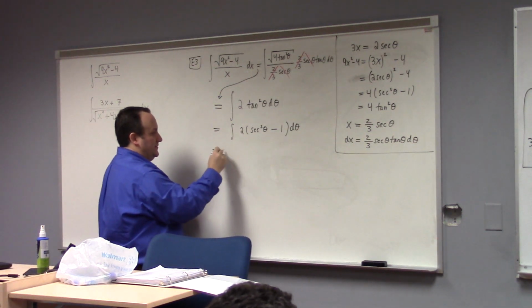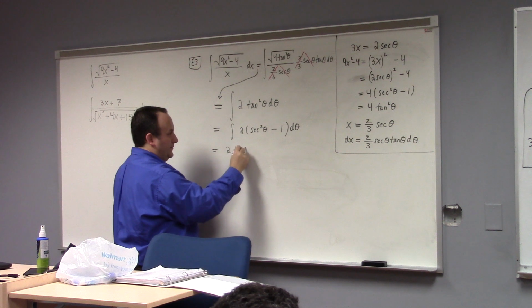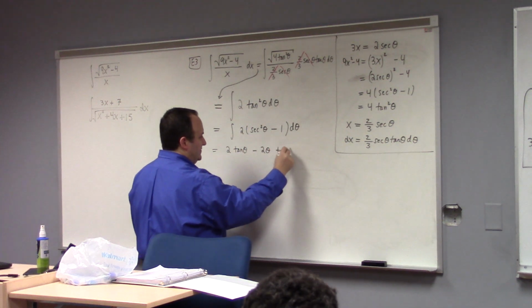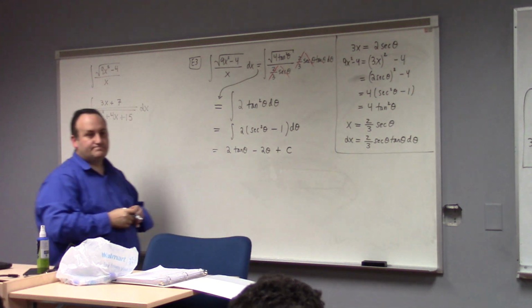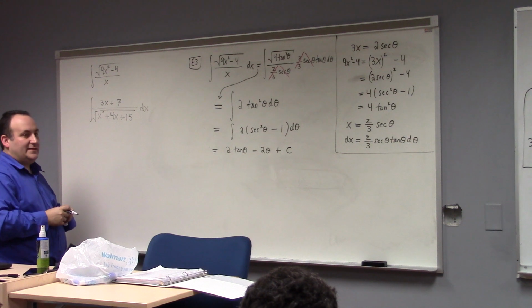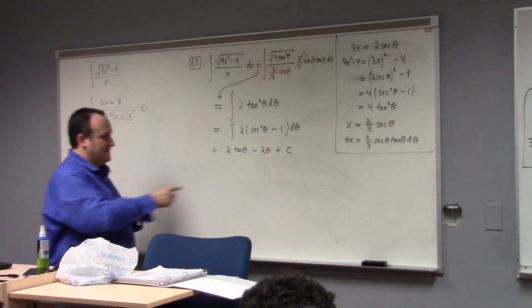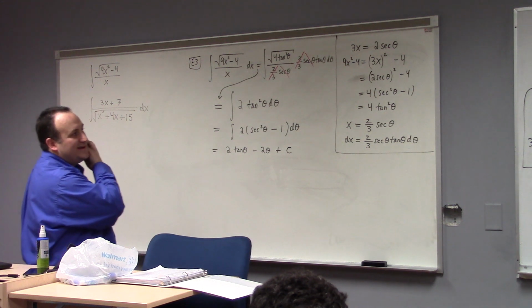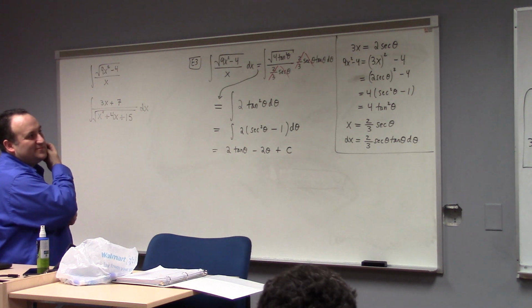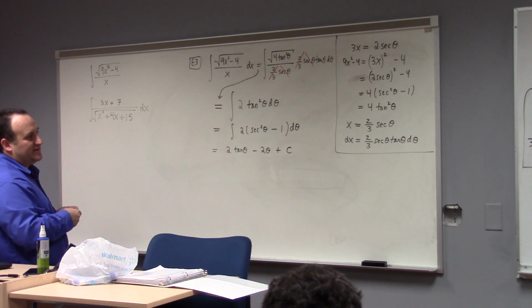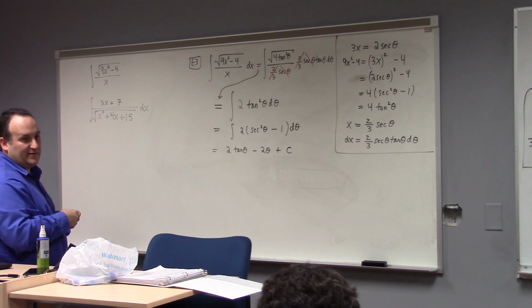We got 2 tangent theta minus 2 theta plus a constant, yeah? And so that naked theta, right? This is a naked theta. It's just sitting there. Nothing's covering it. There's no hope but to have an inverse trigonometric function for that, all right?